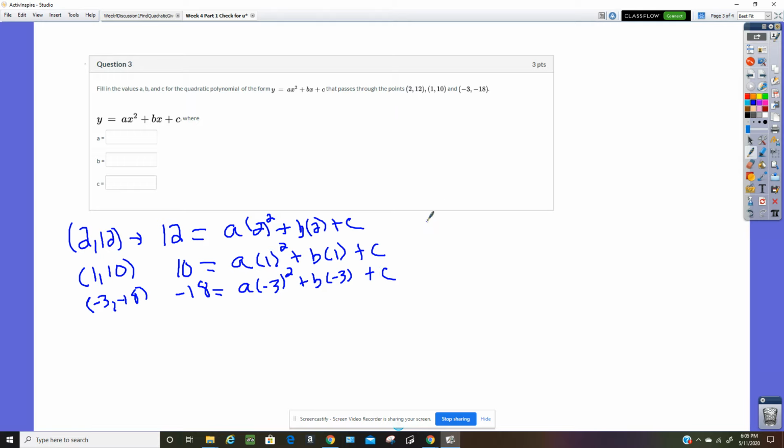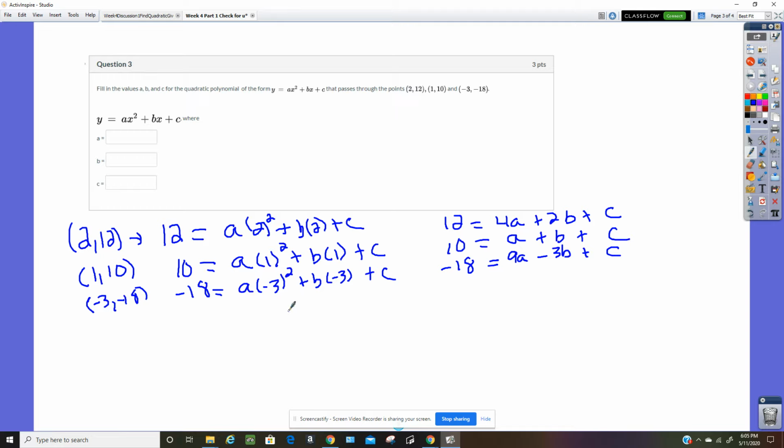So if I do the math here, it'd be 12 is equal to 4a plus 2b plus c, and the second equation, 10, is equal to a plus b plus c, and negative 18 is equal to 9a minus 3b plus c.